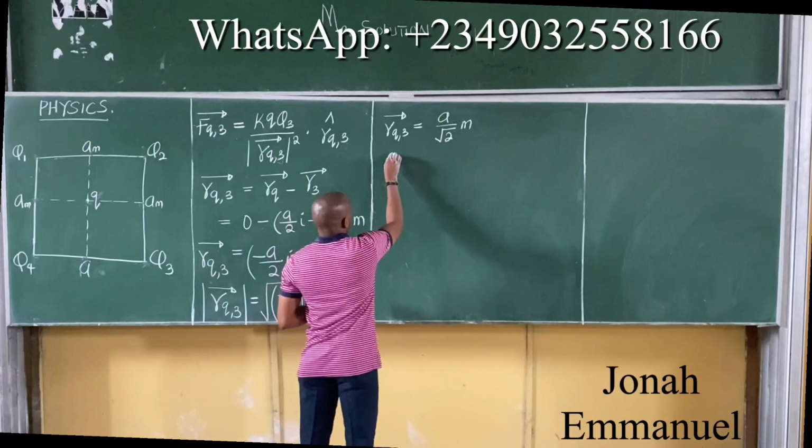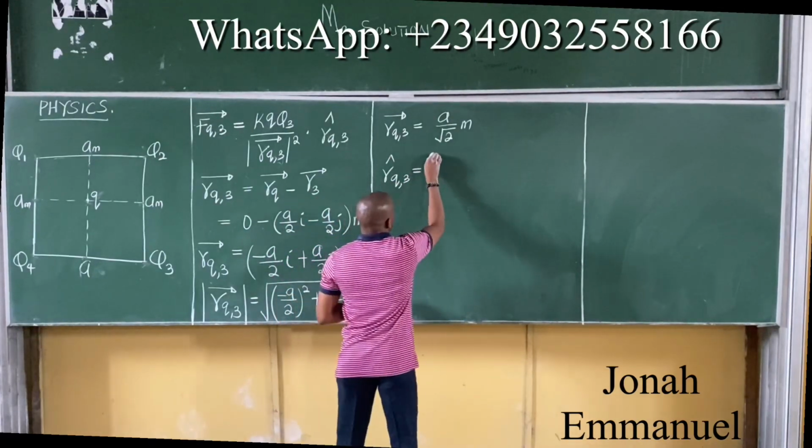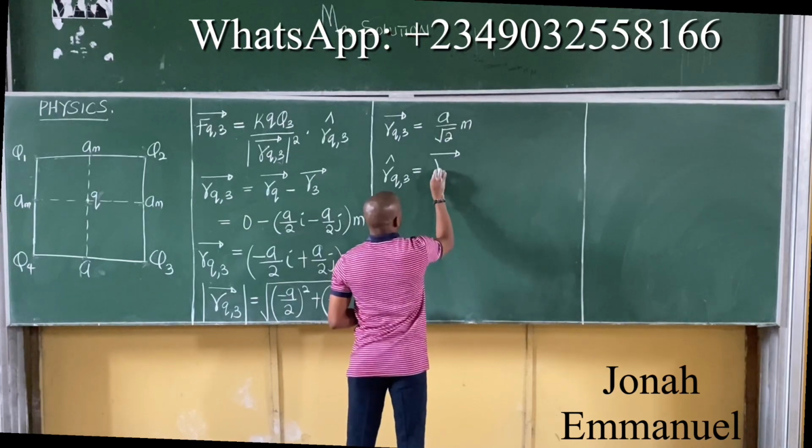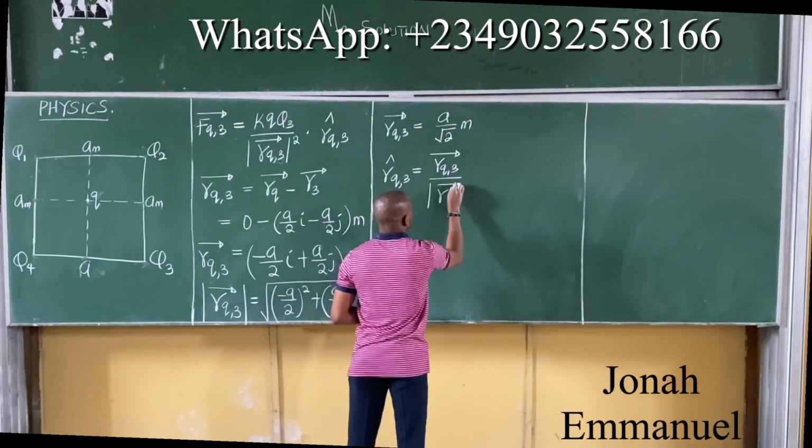So the unit vector of RQ3 is equal to the position vector of RQ3 all over the magnitude of RQ3.